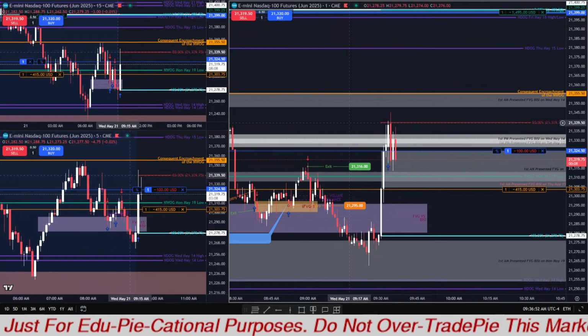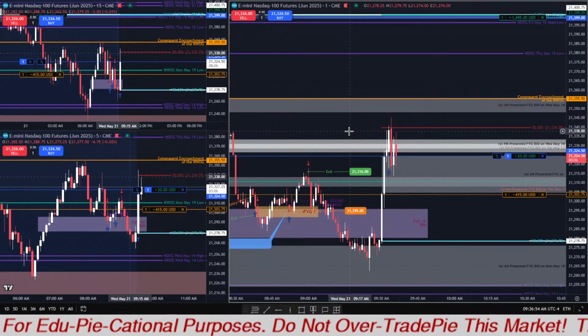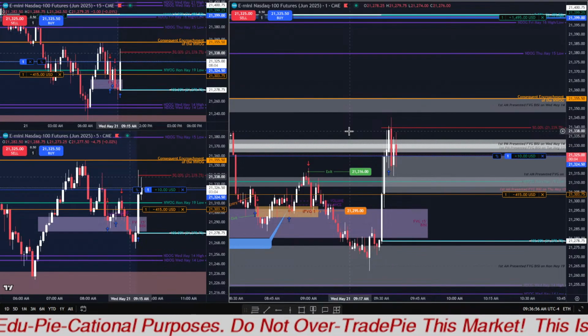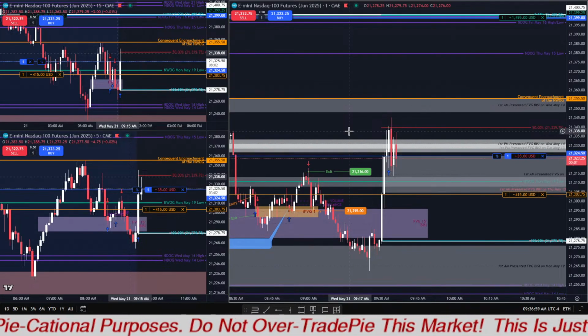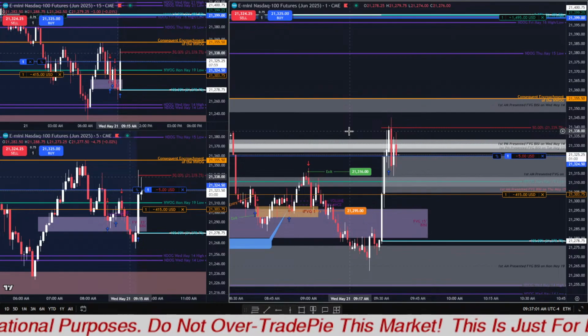To me, still the bias is bullish, so let's wait and give the market enough time to do its job.